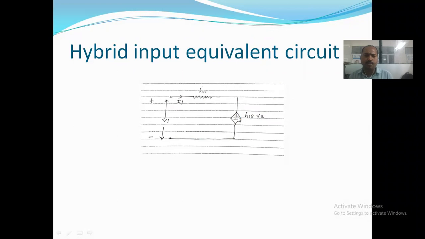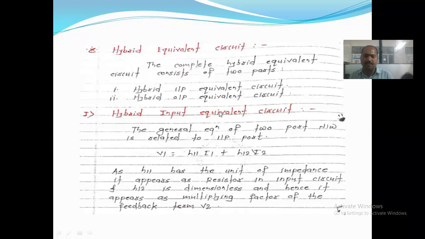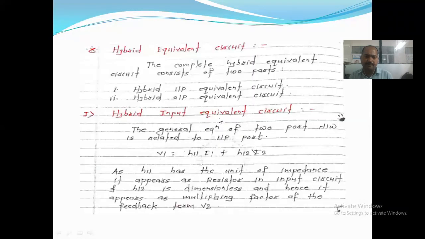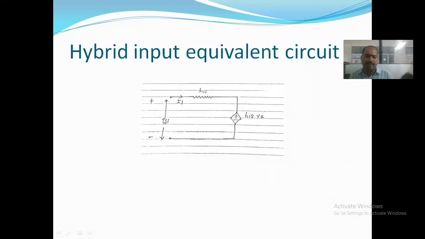V2 म्हणल्यानंतर तो व्होल्टेज सोर्स दाखवावा लागेल, म्हणजे व्होल्टेज सोर्स म्हणजे प्लस मायनस साइन, लक्षात घ्या. म्हणजेच तुमचं इक्वेशन पहा, H11 I1 plus H12 V2, F1 equal to H11, म्हणजे काय असतं, F1 upon I1. लक्षात घ्या, F1 upon I1 म्हणजेच रेजिस्टन्स आहे, बरोबर? हा रेजिस्टन्स झाला, आणि तो H11 I1 च्या सिरीज मध्ये असणार आहे, राईट? H11 I1 झाला, प्लस H12 म्हणजेच जो व्होल्टेज रेशिओ आहे V1 upon V2, राईट?